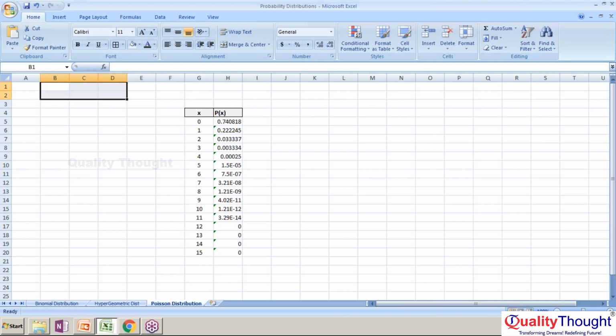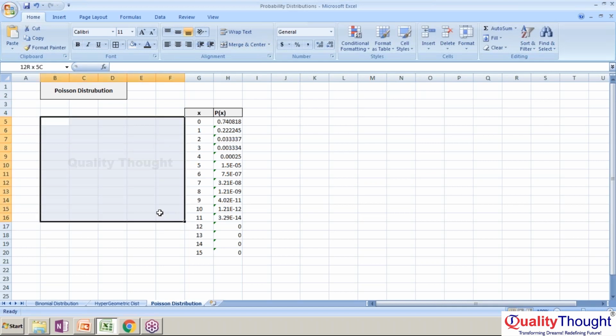So this is a Poisson distribution, where I just want to say Poisson distribution. And I just want to show you how this problem is exactly looking like.